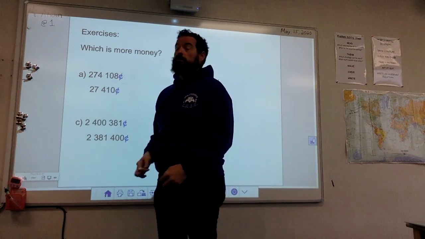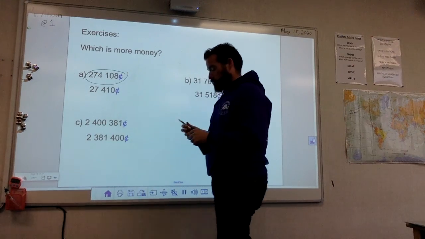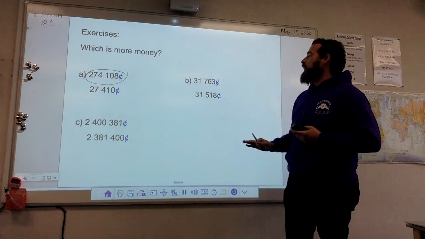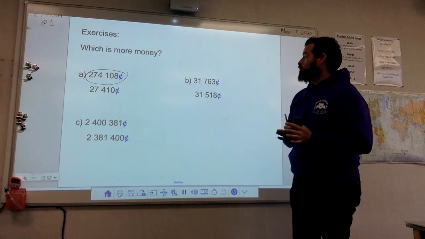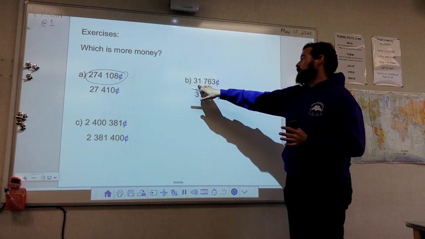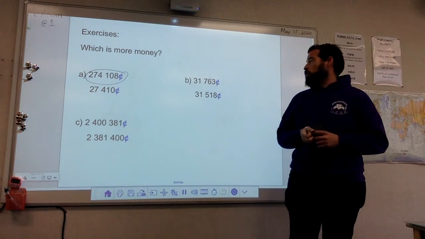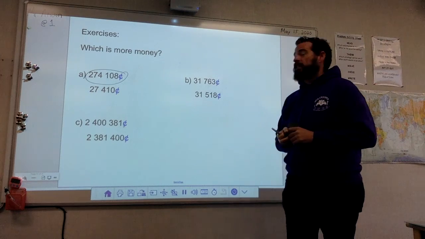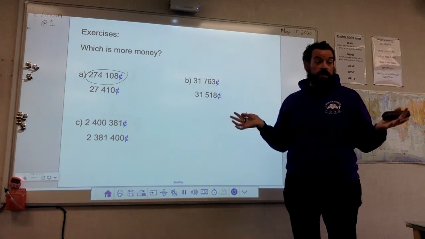More digits in the 274,000, so I know that's going to be my bigger number. Now, B is where we have to start comparing each place. So, because here we've got 31,763 cents versus 31,518 cents.